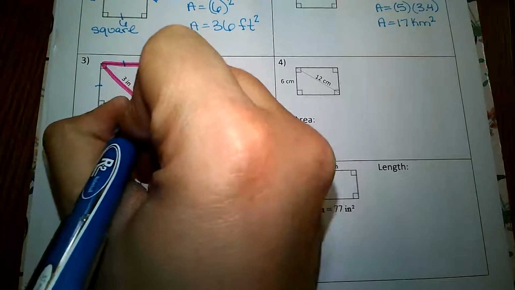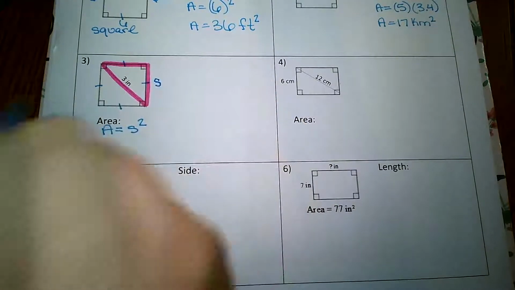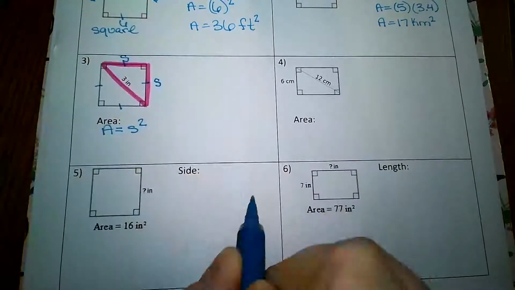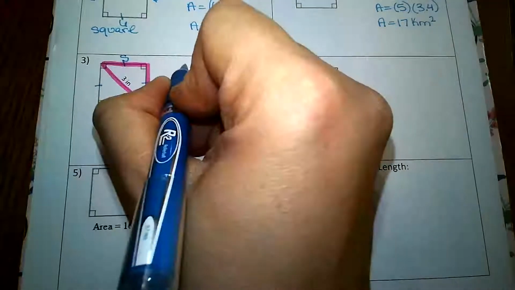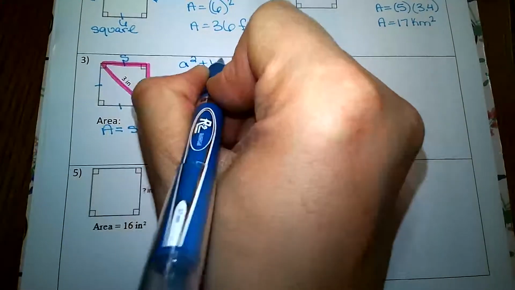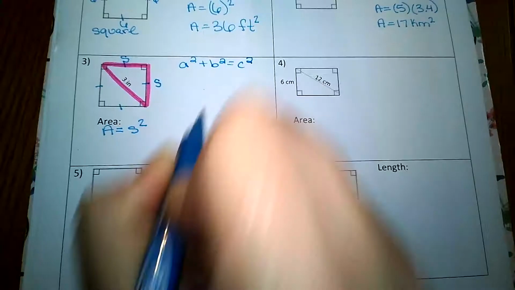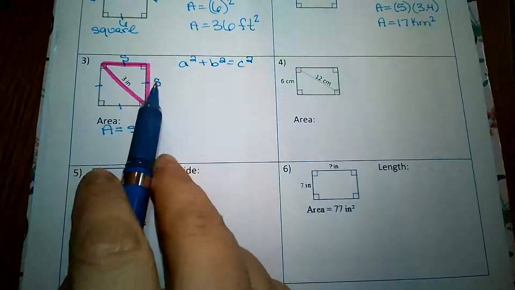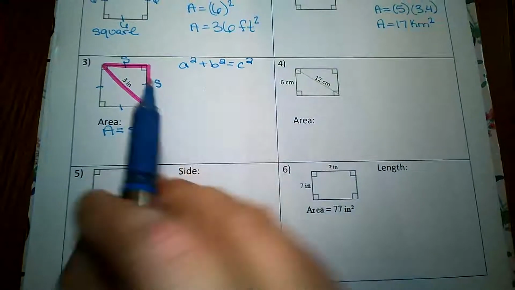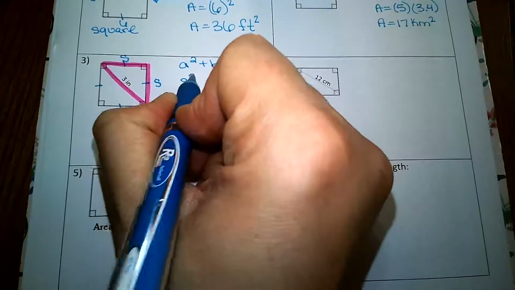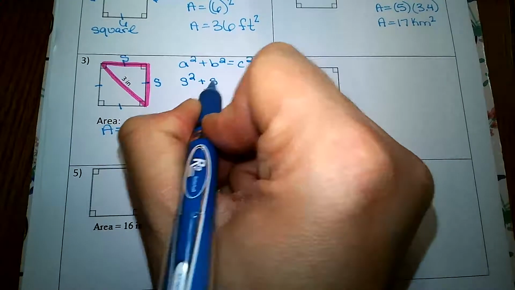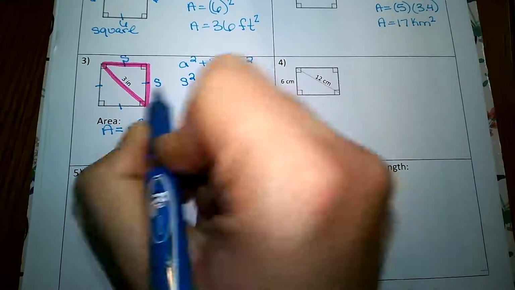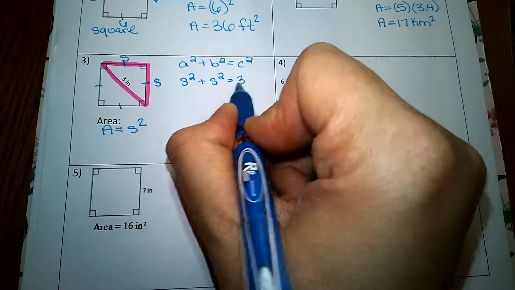So if we've labeled this s for side to match the formula, the Pythagorean theorem is a squared plus b squared equals c squared. Well, here, a and b are the same. They're both s. So that would be the side squared plus another side squared equals 3 squared.